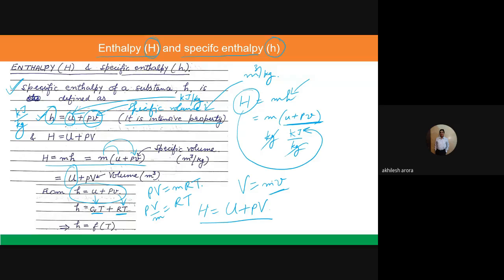And I have just said that from this particular equation, I can always say that V by m is equal to small v. So I can write pv is equal to RT. So once I get this value, you can see that H is a function of temperature. You see the right hand side, in the first term the temperature is there, in the second term the temperature is there. So H is a function of temperature.